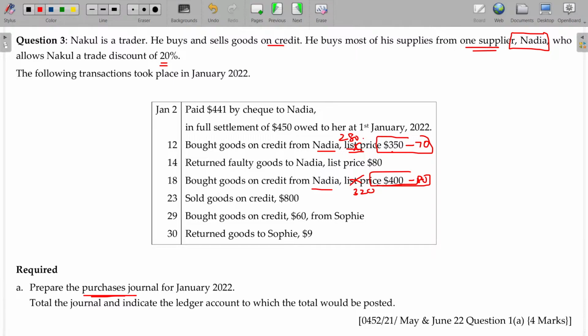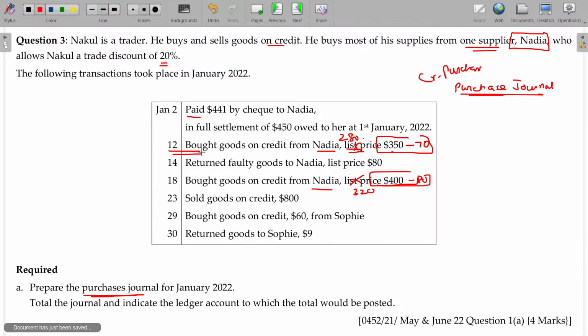So we have to prepare the purchase journal. So I prepare the purchase journal here. This purchase journal is to record what? Credit purchases only. Cash purchases will go to the cash book. Now, this is the payment, which will not come here.